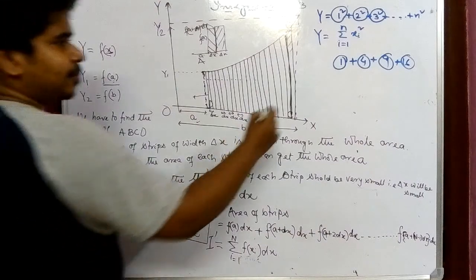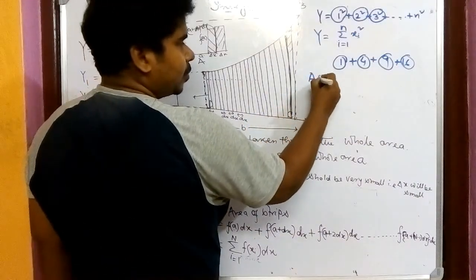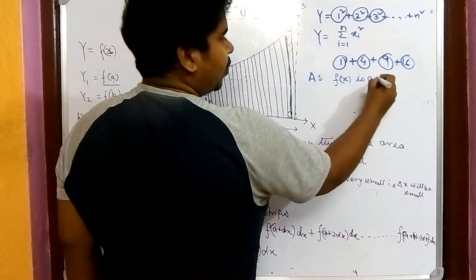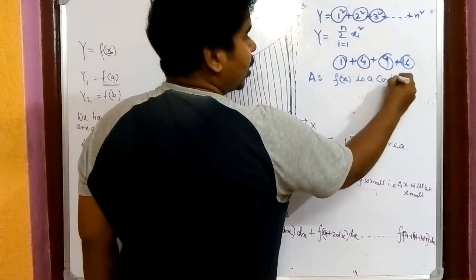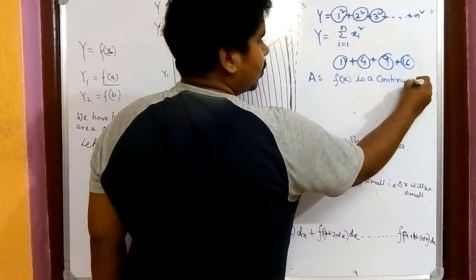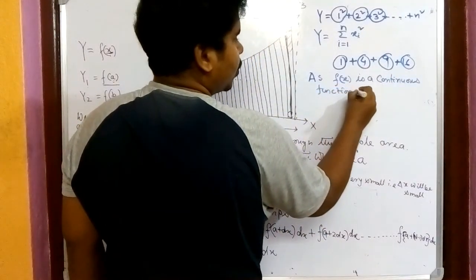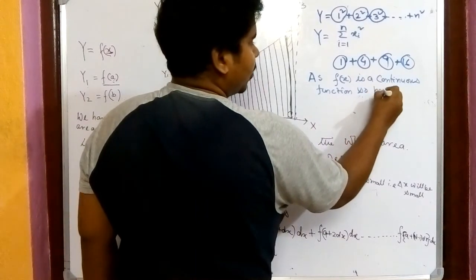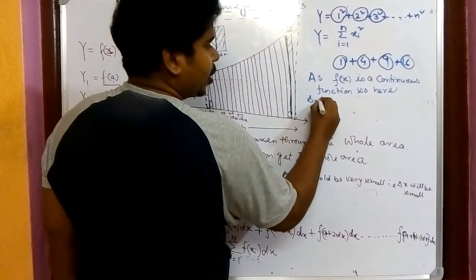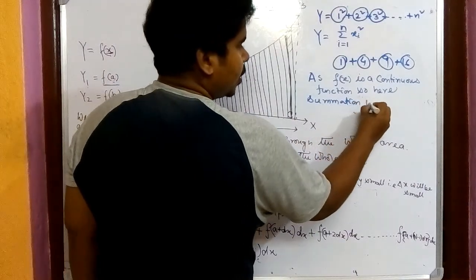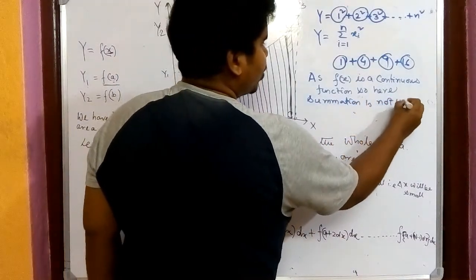So as f of x is a continuous function, here summation is not used.